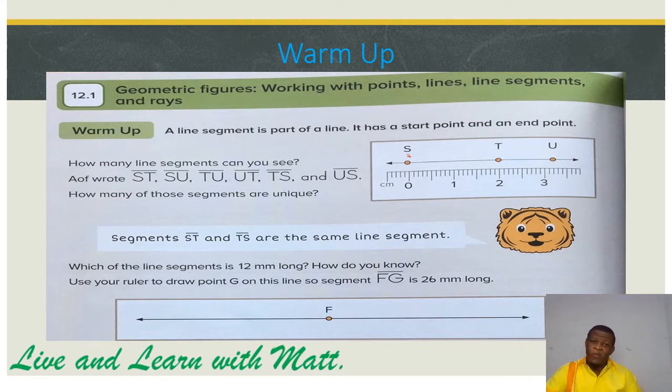Now, how many of those segments are unique? Segment ST and TS are the same line segment. So the ones that are unique will be line ST, line SU, and line TU. They are unique.